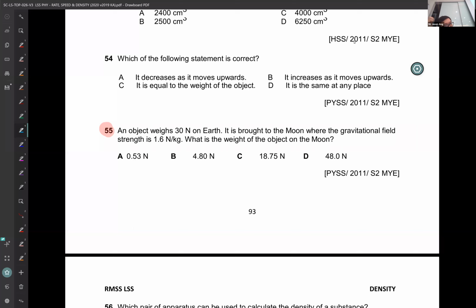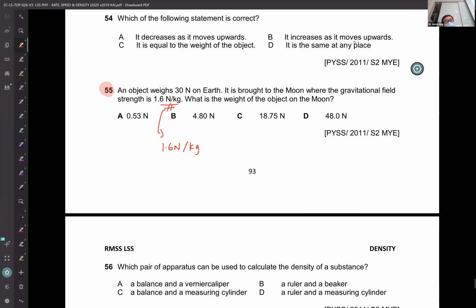Okay, this one I want to talk about. Guys, I keep stressing the fact that the units can tell you a lot of things. Really, look here. This unit is telling me 1.6 Newton per kg. Let's go back to something simple. What if I tell you something like $1.60 per fish?